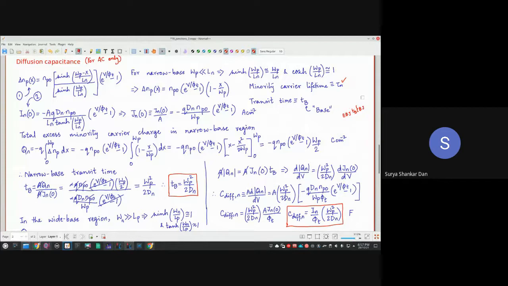All right. So now, if TB is the time required for the carriers to move from the emitter base junction to the collector base junction, then clearly you can understand that if the narrow base part is not there, it is quite possible that the electron will simply recombine inside the base only.